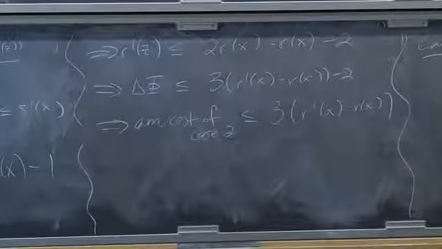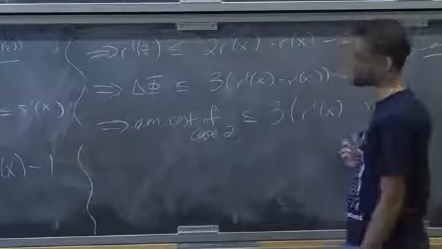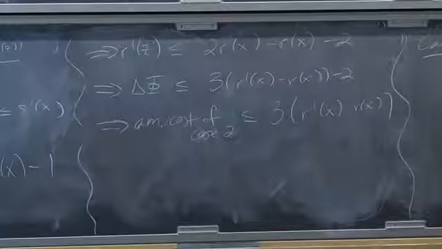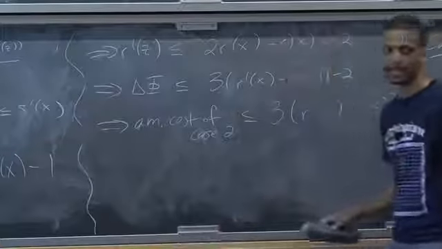But if you did the same exact thing for case 3, or a similar thing, you would get the same bound. If you did it for case 1, you would get an extra +1 here. So you only pay that +1 once in the entire splay, namely in the last step, potentially.